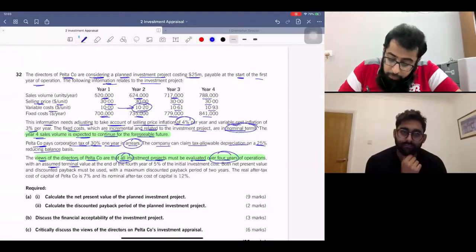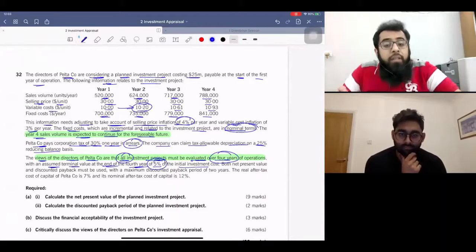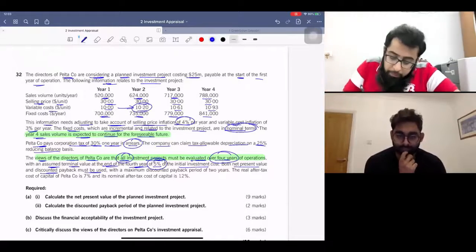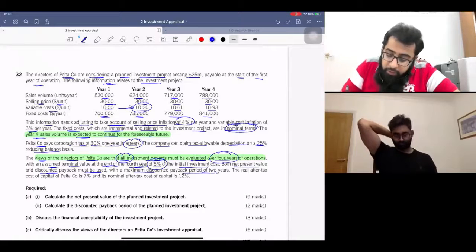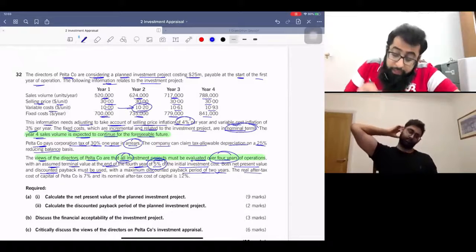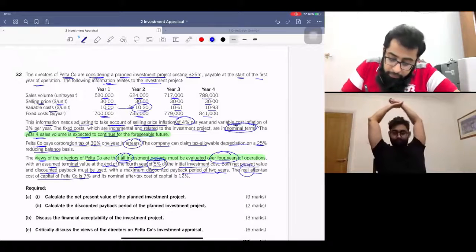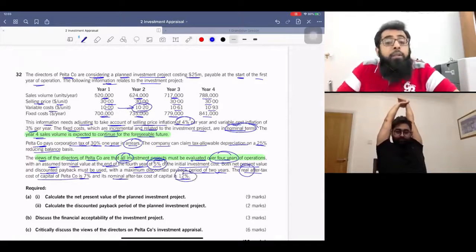With an assumed terminal value at the end of the 4th year of 5% of the initial investment cost. Terminal value will be the scrap value. Both net present value and discounted payback must be used. Maximum discounted payback is 2 years. The real cost of capital is 7% and nominal cost of capital is 12%.